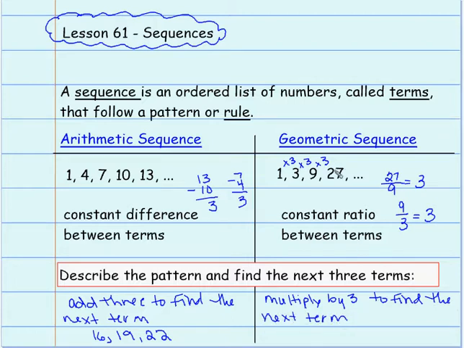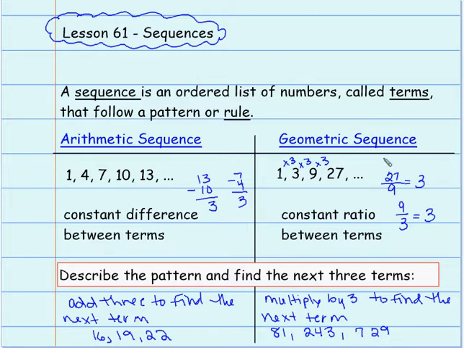So the next three terms would be 27 times 3, which is 81, 81 times 3, which is 243, and 243 times 3, which would be 729.